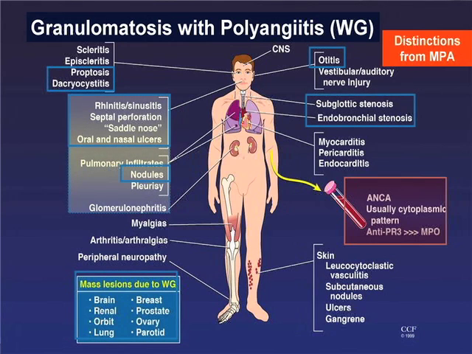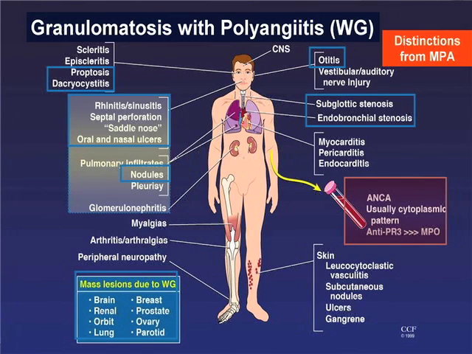Well, in these yellow highlighted boxes, we can see upper airway disease, nodules, mass lesions, and tubular airway involvement. All distinguish GPA from MPA. In Wegener's, we get vascular targeting and injury, but we also get injury to the parenchyma of organs outside of the vessels.